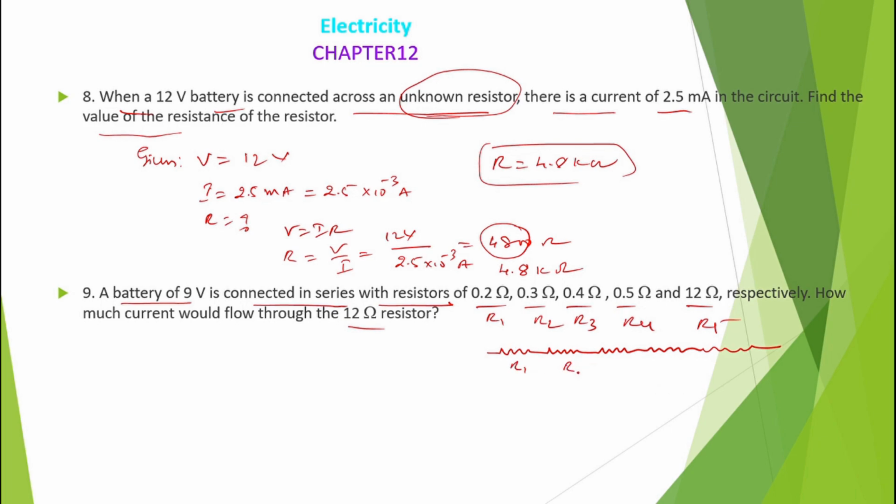So R1, R2, R3, R4, R5. He is asking how much current would flow through R5. This is 12 ohm. This is 0.2 ohm, 0.3 ohm, 0.4 ohm, 0.5 ohm. He is asking how much is the current flowing through the 12 ohm resistor.